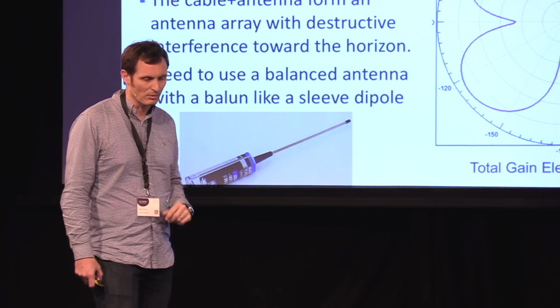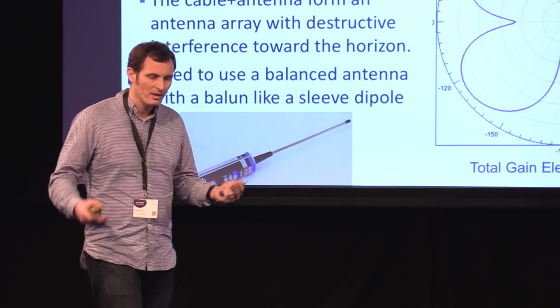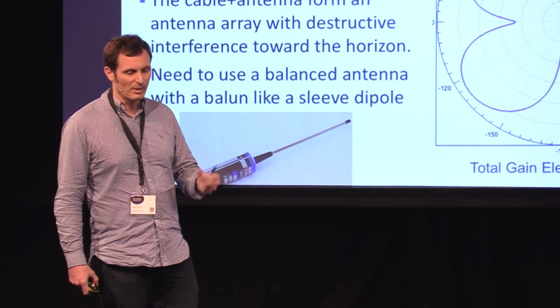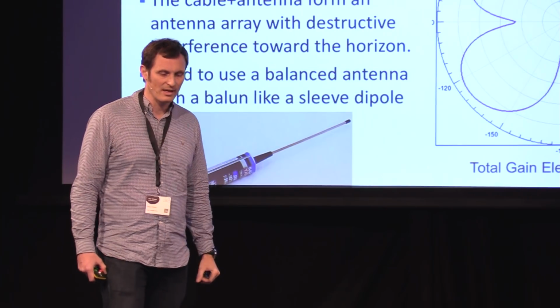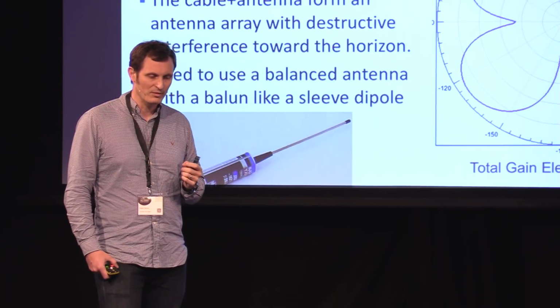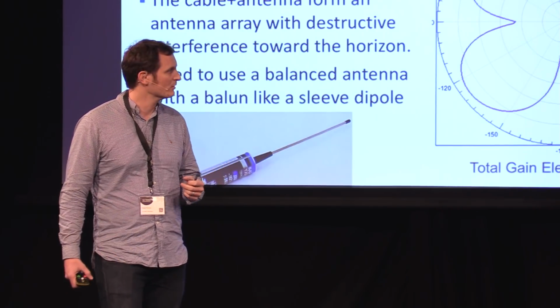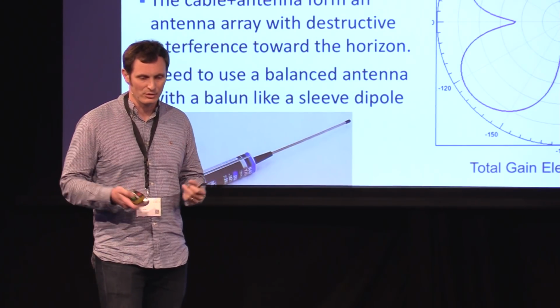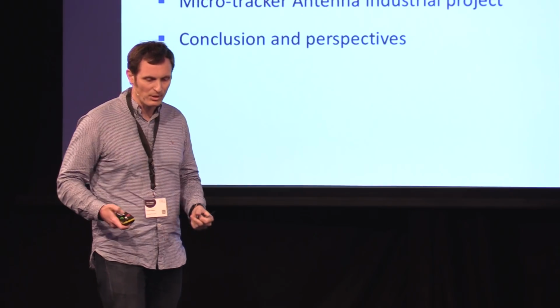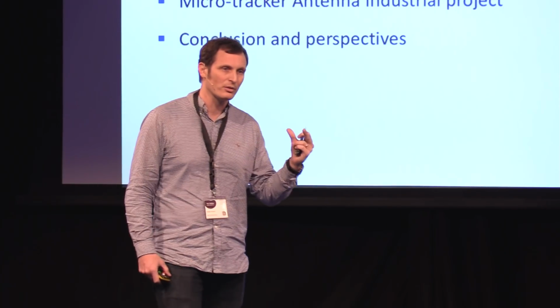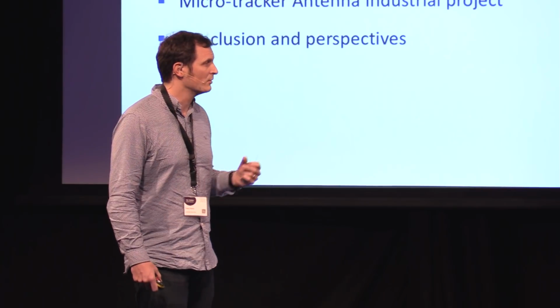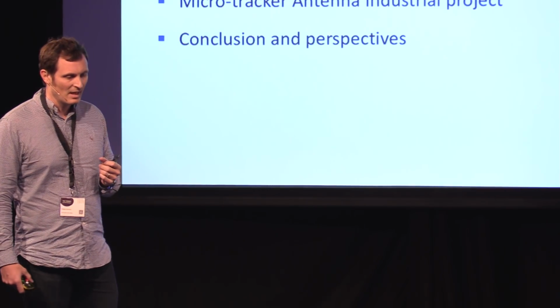This is exactly what we get here. So he replaced the quarter wave antenna with a classical balanced antenna, like a dipole with a balun, and he got 20 kilometers of communication distance. So it was just a practical example to show you that it's very important to choose the right antenna, or you can have a lot of disappointment.